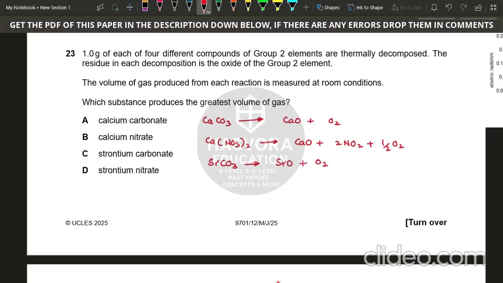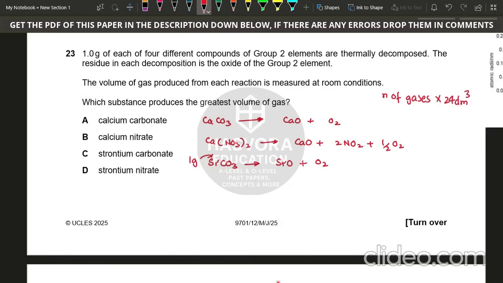Okay, so now you can just calculate each one of them, because we have 1 gram of this strontium carbonate. You can calculate the moles for each of them, and then through the moles you can use the balanced equation to predict the moles of the gases, and then multiply the moles of gases by 24 dm cube to get the volume of gas.